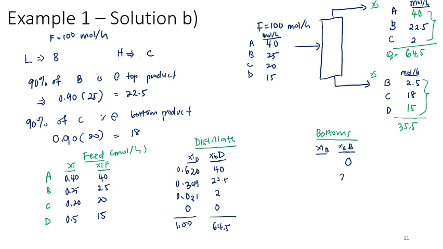Component B is 2.5 moles per hour in the bottom. Component C is 18 and component D is 15. So the total is 35.5, and then you can calculate the mole fraction of each component: 0.007, 0.507, and 0.423, and make sure this all adds up to 1.